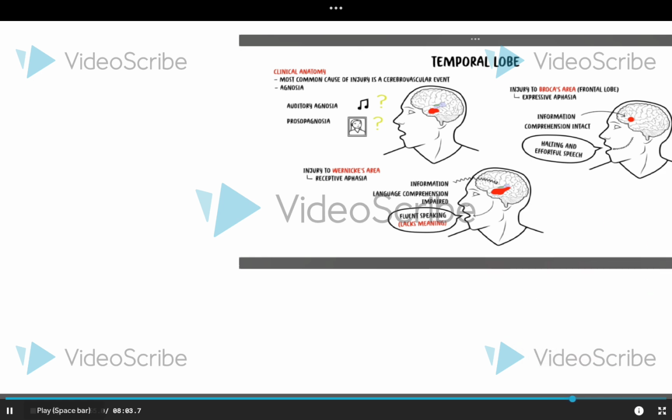Temporal lobe: the boundaries extend inferior to the pre-occipital notch and inferior to the lateral sulcus, containing multiple important structures like the primary auditory cortex, auditory association cortex, olfactory cortex and Wernicke's area. The primary auditory cortex is for conscious awareness of sound stimuli, and the auditory association cortex is involved in analyzing and understanding the stimuli.